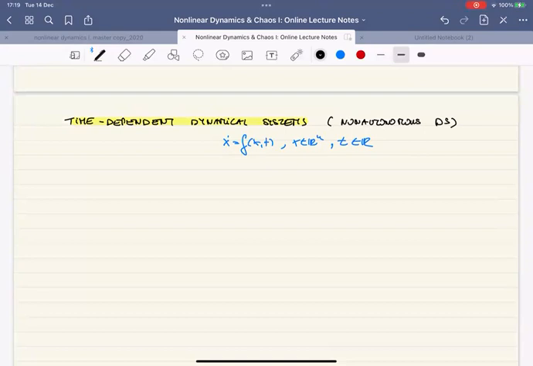Now, let's look at the subclass of non-autonomous linear systems. So that's our first subject.